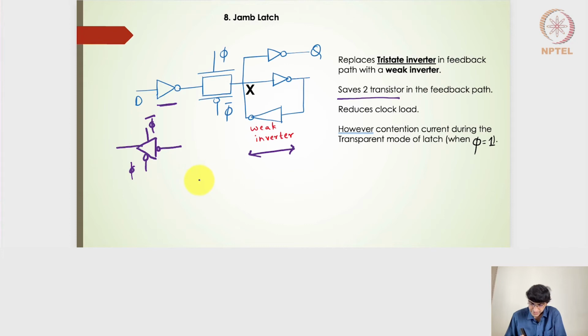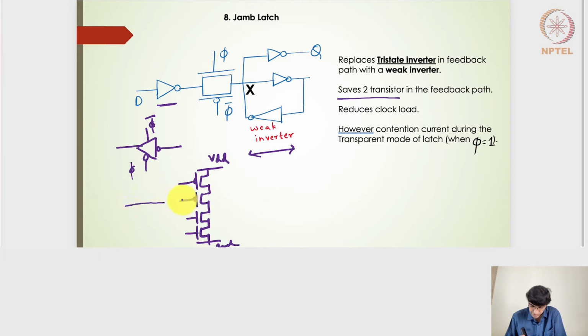So what it means is I now have 4 transistors. Of course this will be the VDD rail, and this will be the ground rail, with this being the PMOS, this being the NMOS, and we have this connected to this one, and then this one is phi-bar.